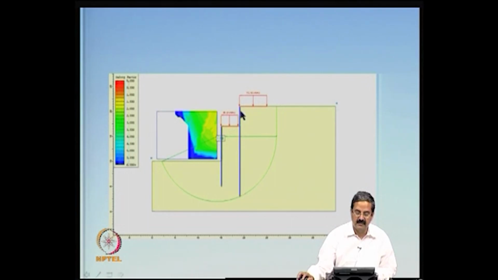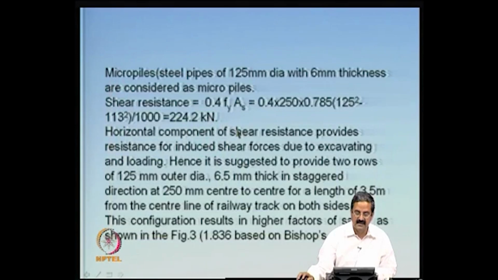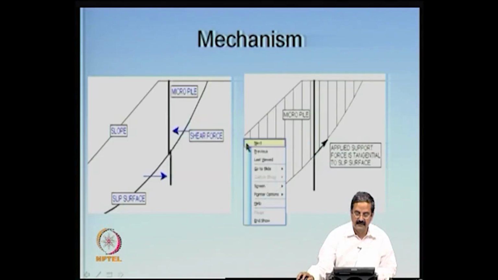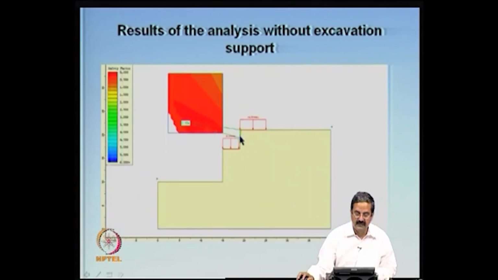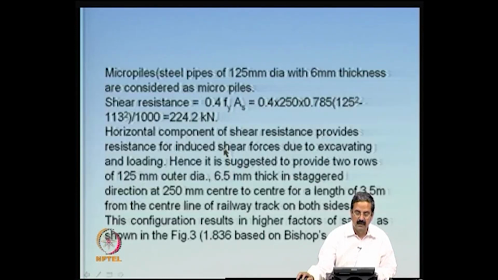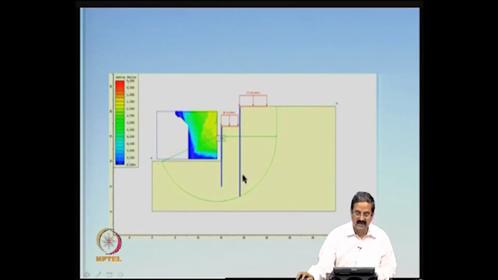This is the type of diagram that you get. In the previous case you have a number of shear failures that could occur. This is the load that we have, and this is about 10 meters actually, and this is the way it should happen, and the factor of safety is quite good.